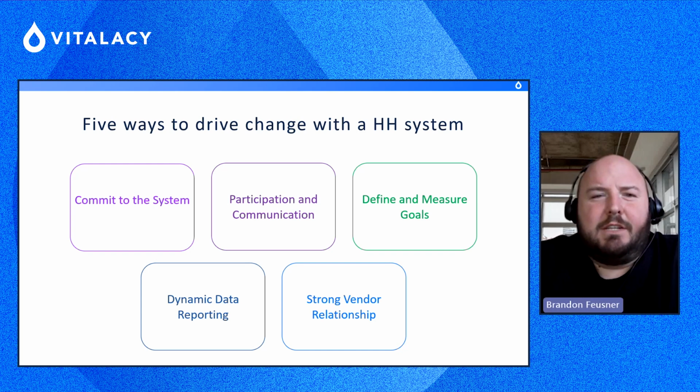The next way to really drive change with this system is with participation and communication. Being engaged and having clear communication are crucial. Encourage active participation by involving staff in the system's implementation process, from the selection all the way through to the rollout. Have open communication channels that allow for sharing of feedback, addressing concerns, and celebrating your successes.